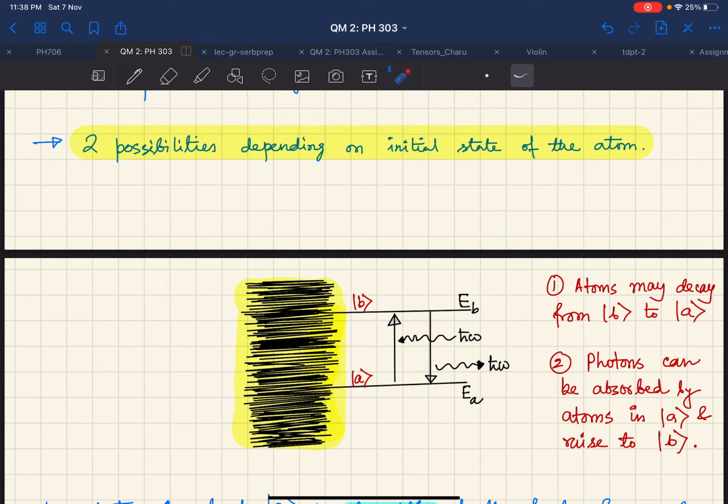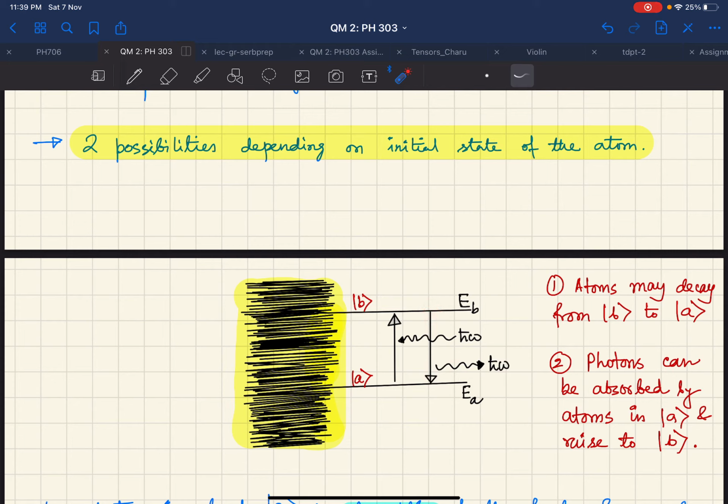Now there can be two possibilities under this scenario. One is that I can start with the atom in the state B, which is a higher excited state, having some energy E_B which is greater than E_A. So the atom may transit from state B to state A. It may decay from state B to state A by releasing some photon, which I have shown here.